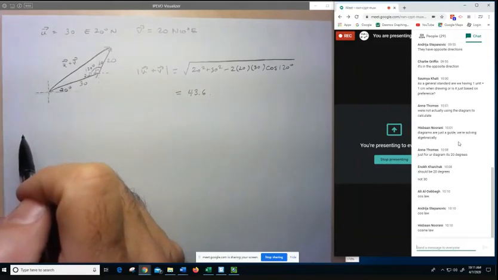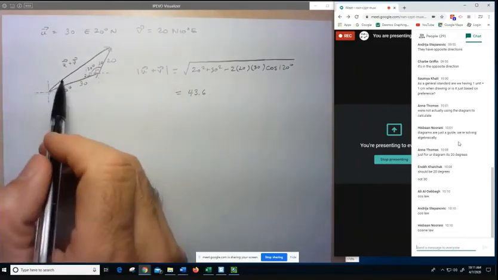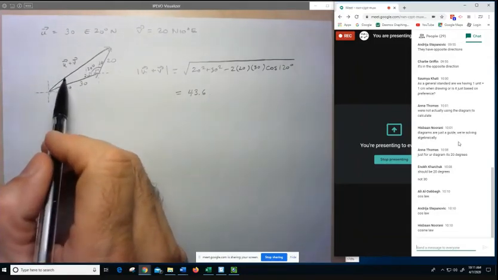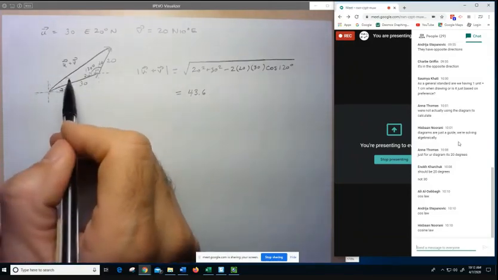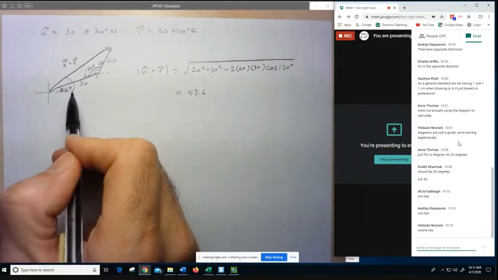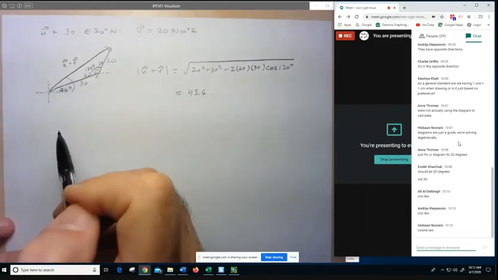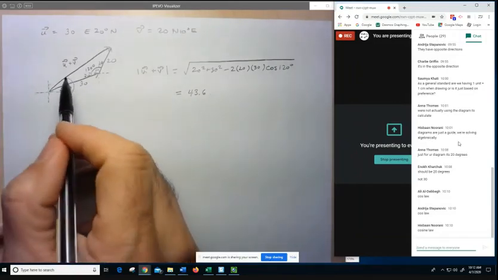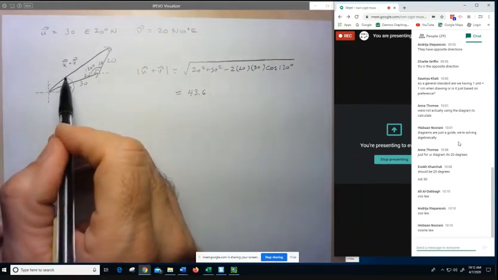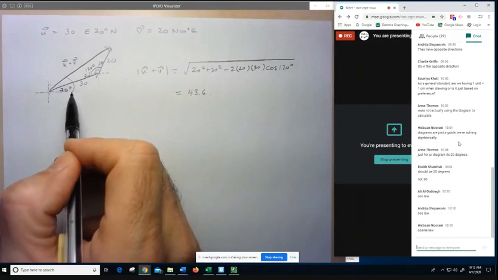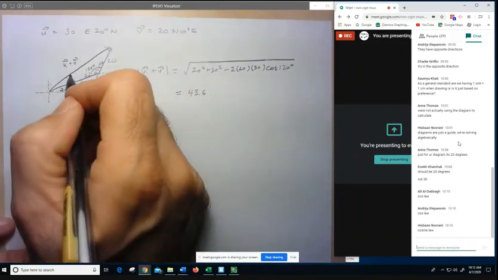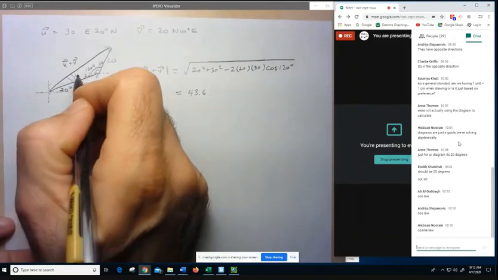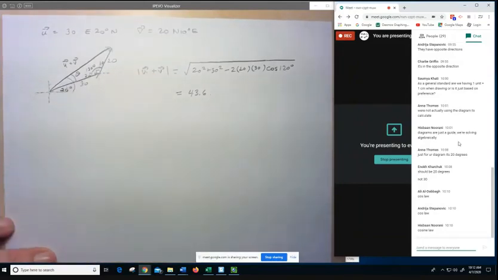So I'd like to reference this vector compared to one of these axes, and it looks like I'm going to use this one here. But this angle that relates u plus v to the east direction is not inside my triangle. What is inside my triangle is this angle theta.